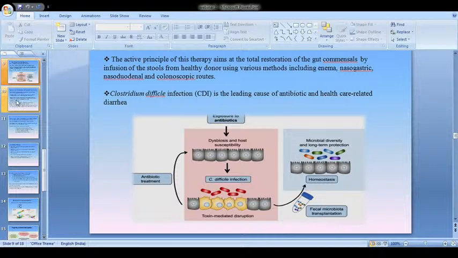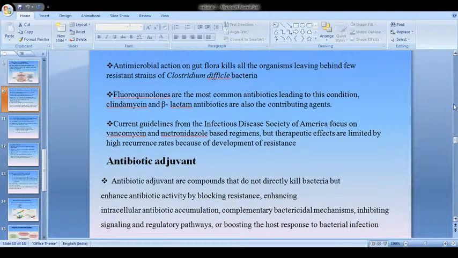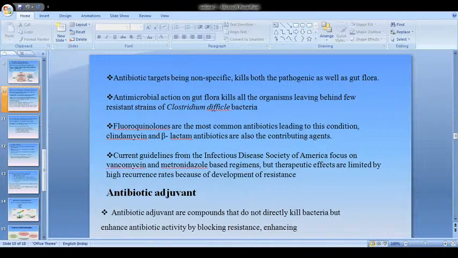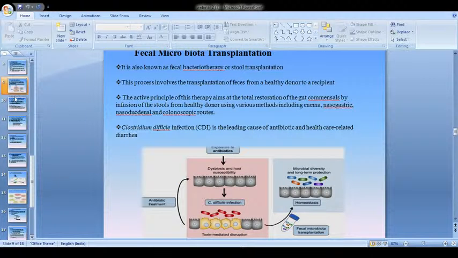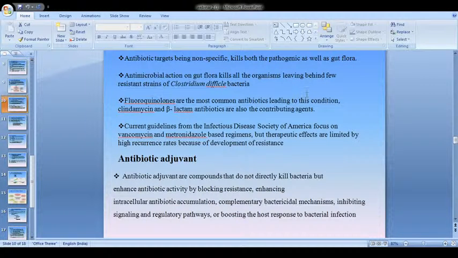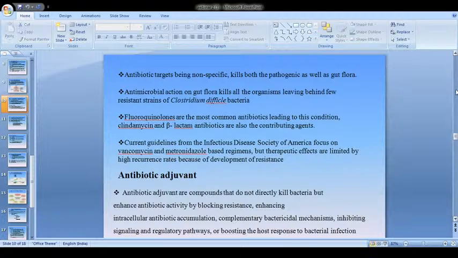So this antibiotic kills both the pathogen and the gut flora. And this antimicrobial action on gut flora kills the organism, leaving behind few resistant strains of Clostridium difficile bacteria.